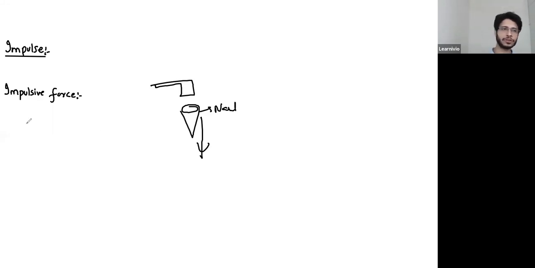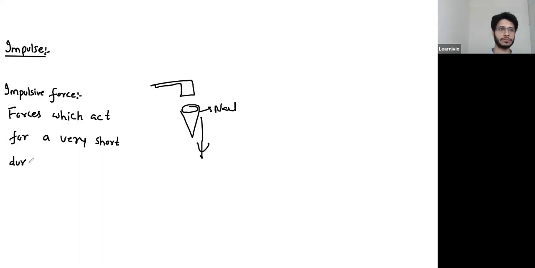So impulsive forces are simply forces which act for a very short duration of time. So forces which act for a very short duration of time are known as impulsive.